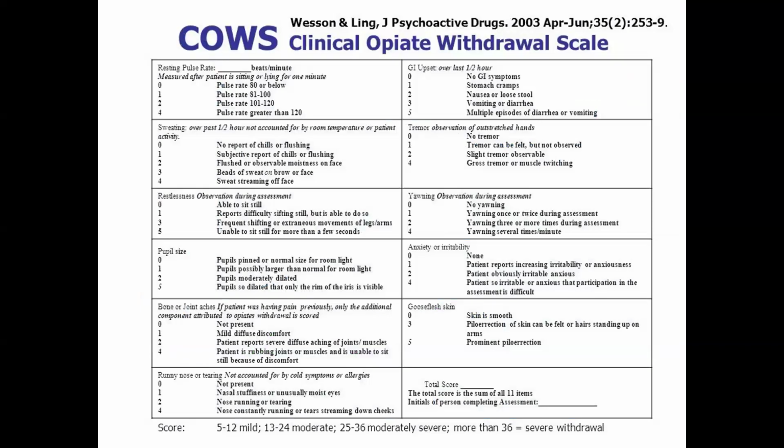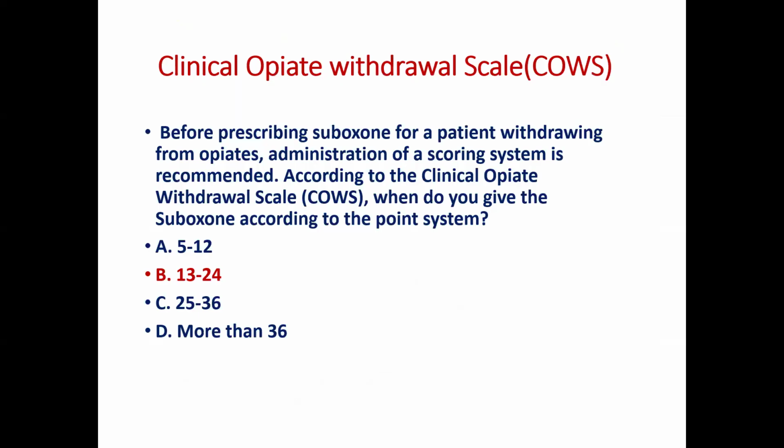Also, there is a Clinical Opiate Withdrawal Scale, COWS, that we use in the USA for picking up withdrawal symptoms and signs. The importance of the COWS is to pick the appropriate time to start addiction medication such as buprenorphine, because the patient has to have moderate opiate withdrawal before you start the buprenorphine. That's the most important part of it.